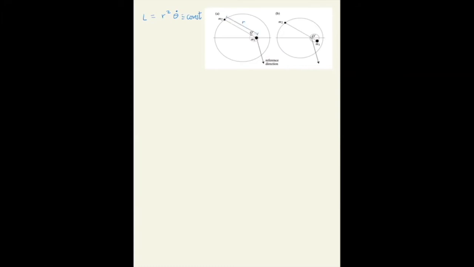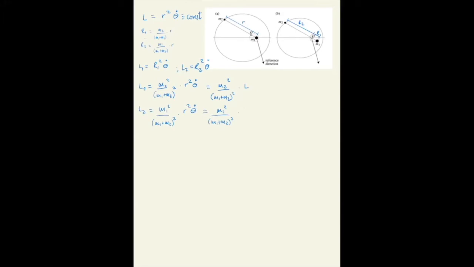Now, because the radius vectors between the central mass and the bodies are a function of the separation, it follows that you can define two quantities, L1, which is equal to r1 squared theta dot, and L2 equal to r2 squared theta dot. And because r1 and r2 are functions of the separation, they also have to be constant.